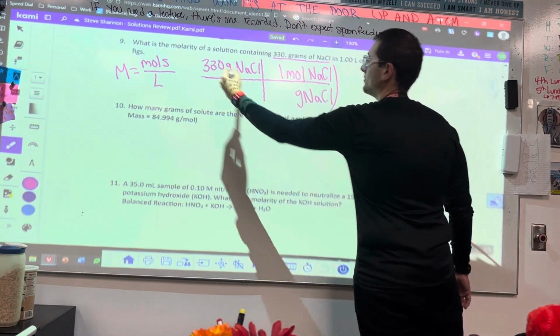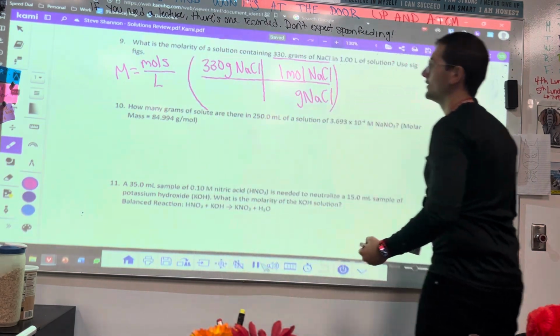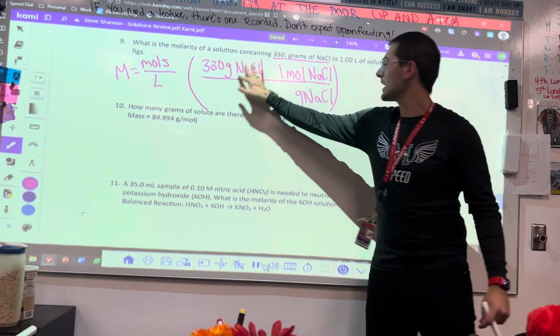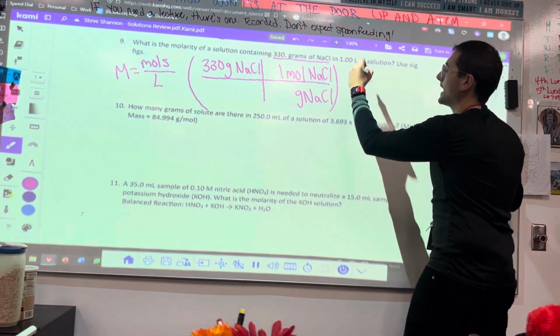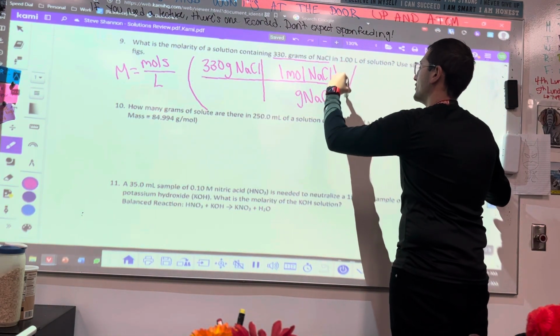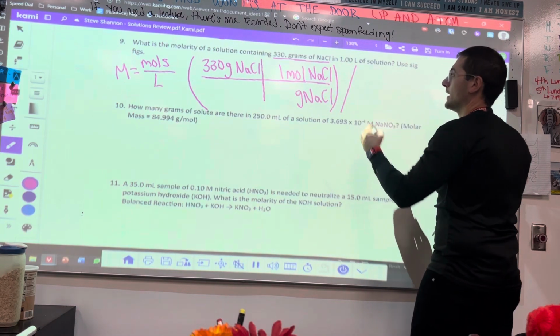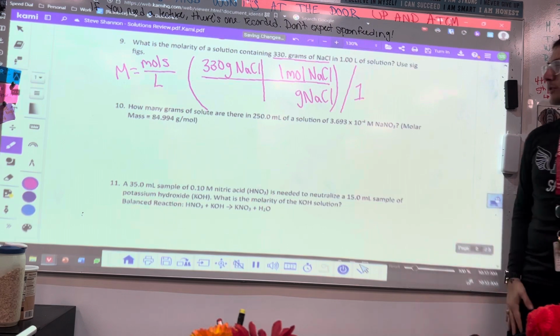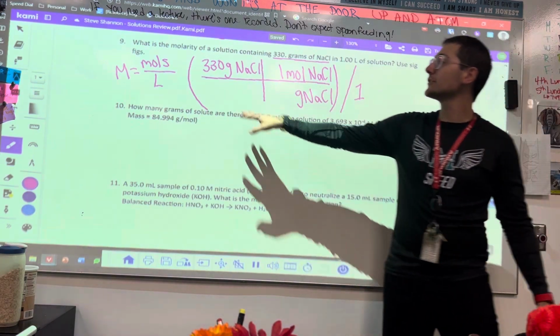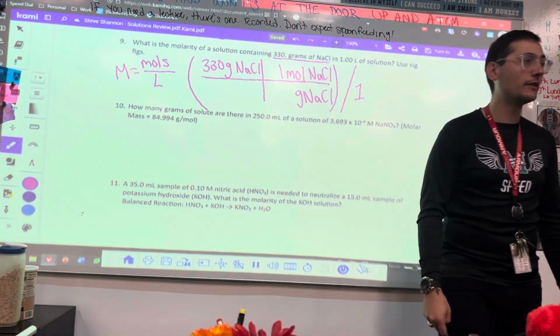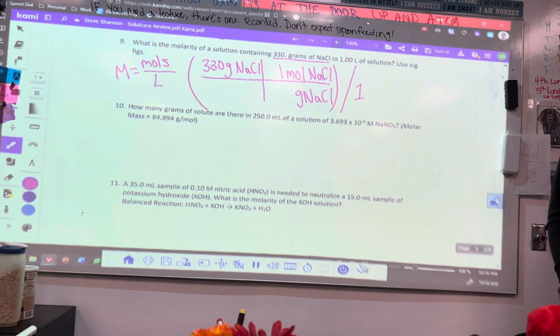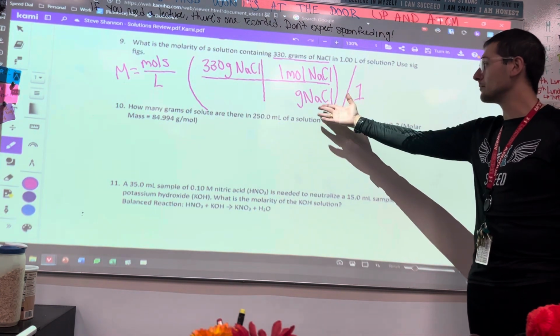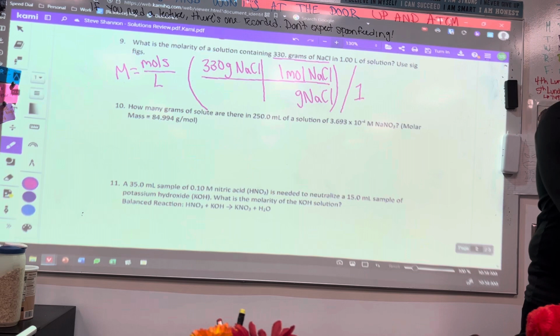All I need now is a molar mass. And so what I can do is take this entire answer and divide it by liters so that I only have to do one calculation. And I can see that it is 1 liter, so my final answer is just going to be this over 1. So really, I just need to convert to moles, divide it by 1, and that is going to be my answer in molarity. But first, I need the molar mass of NaCl.